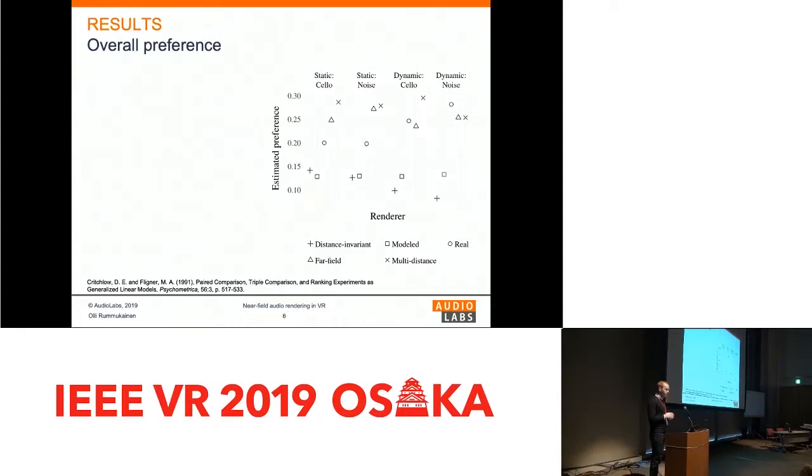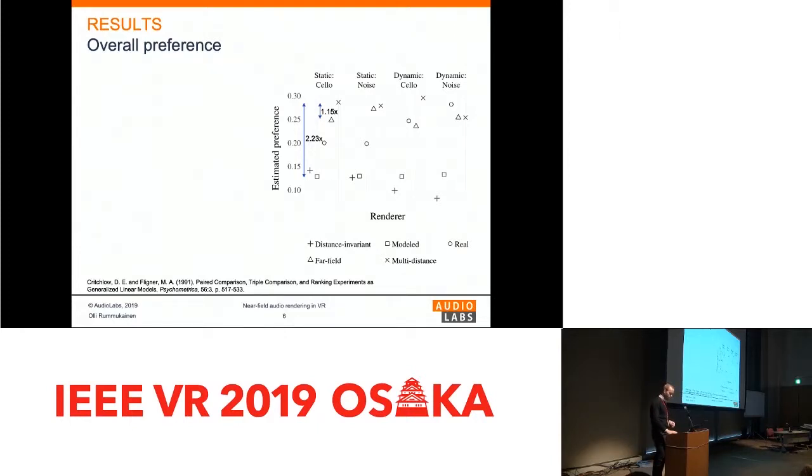So we had a pile of ranking vectors, and then we considered them as a series of paired comparisons and fitted a Bradley-Terry statistical model to it, so we can get preference weights for each of the conditions. So that would describe how likely any of these conditions is to win in a paired comparison against any other condition. And a nice feature of the model is that we get a ratio scale out of it.